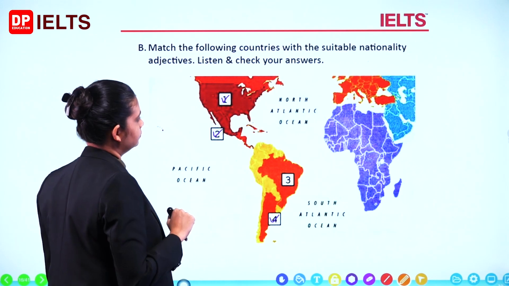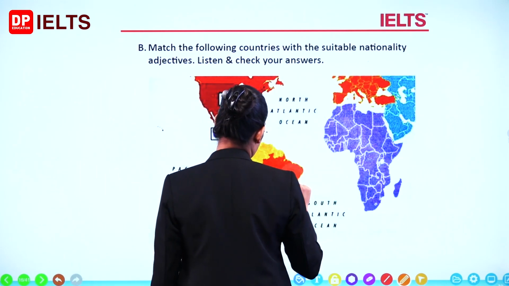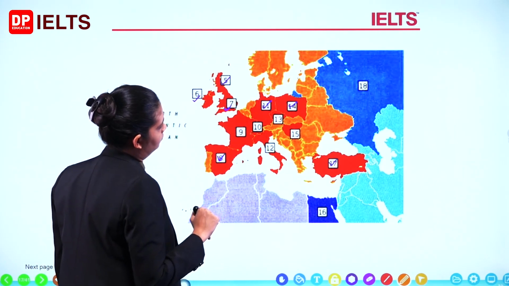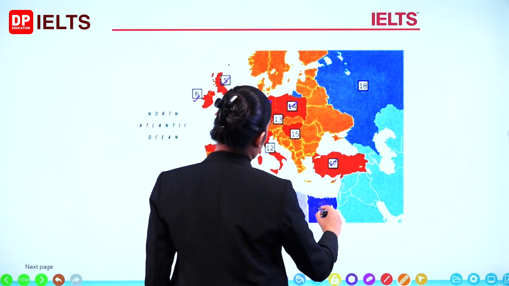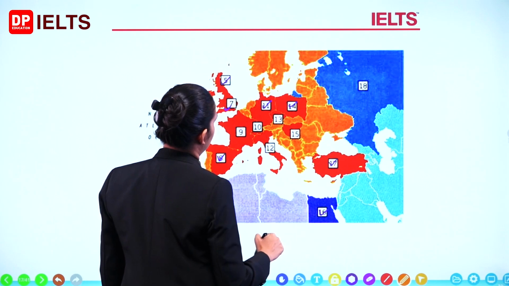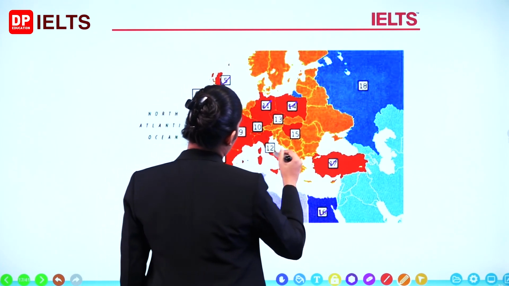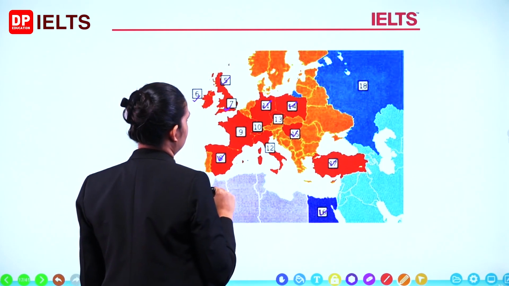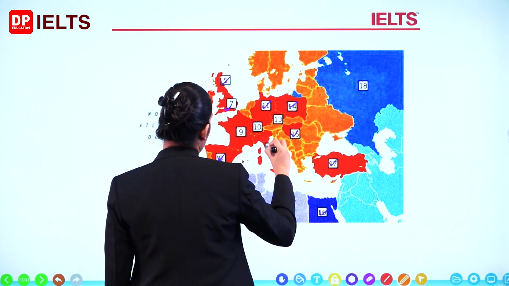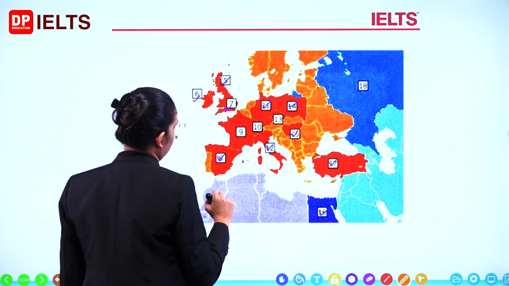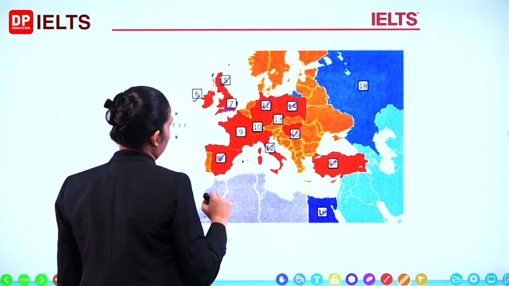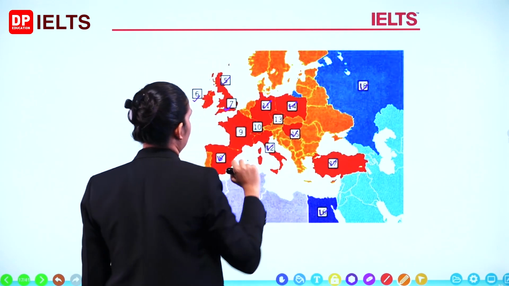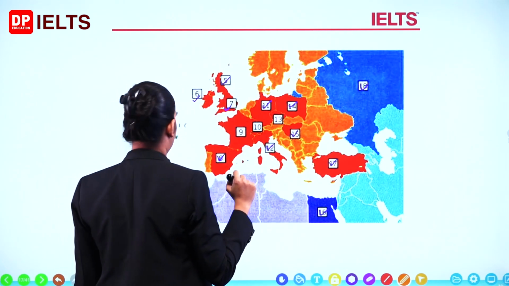3. Brazil, Brazilian. 16. Egypt, Egyptian. 15. Hungary, Hungarian. 12. Italy, Italian. 18. Russia, Russian. 19.